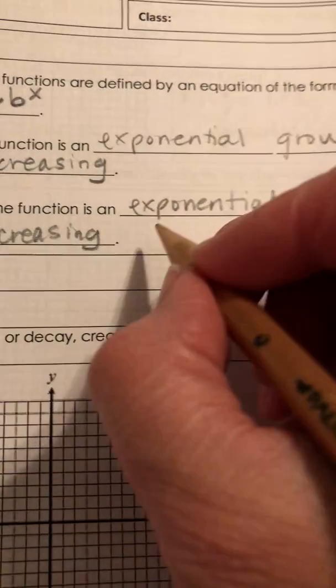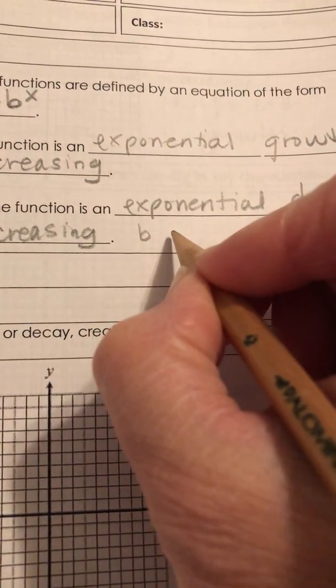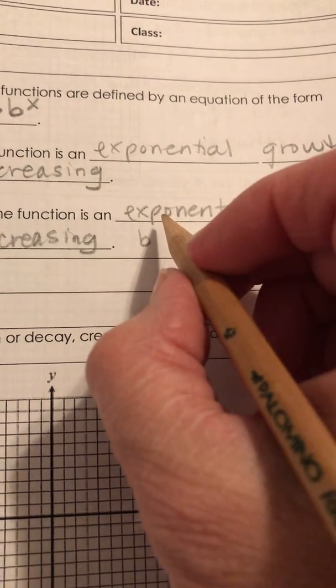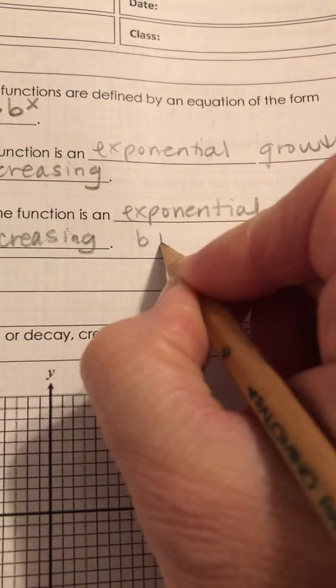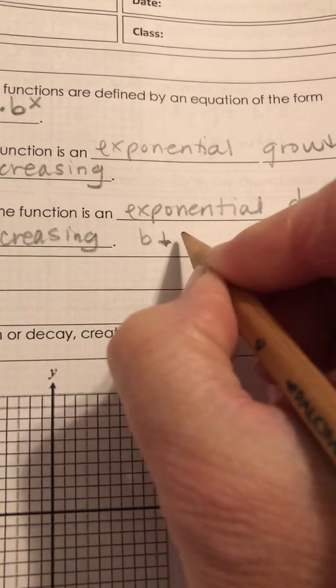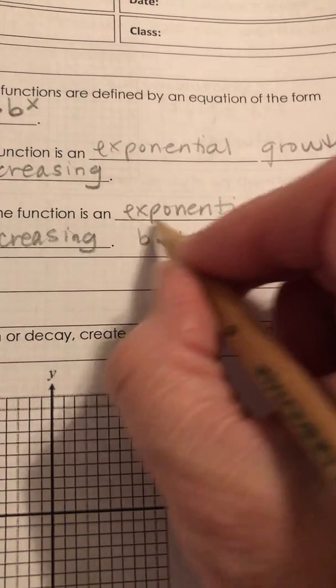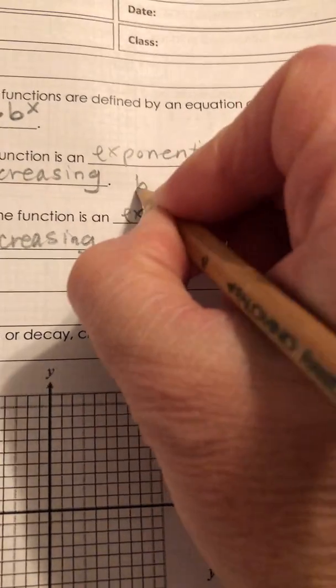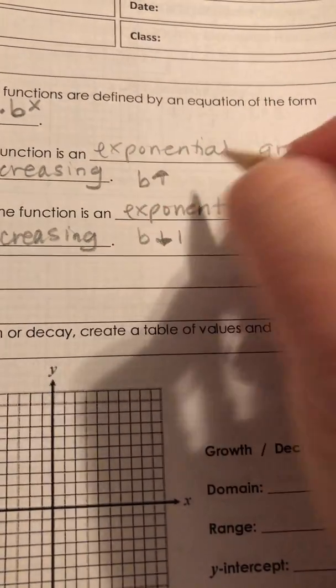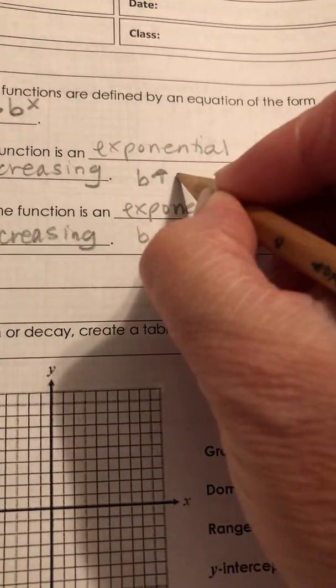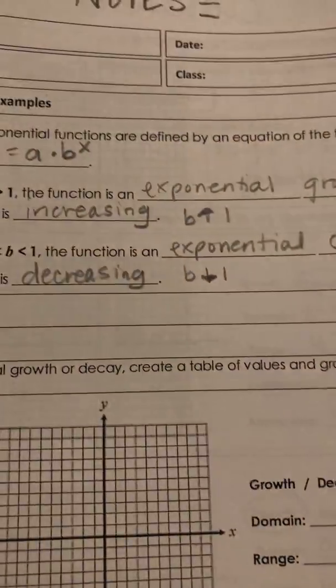So again, if the b here is smaller than 1 but greater than 0, remember, it is going down. B greater than 1, then it's growing, okay?